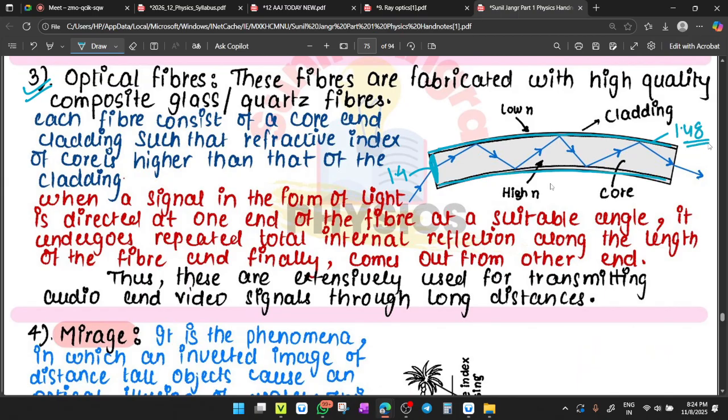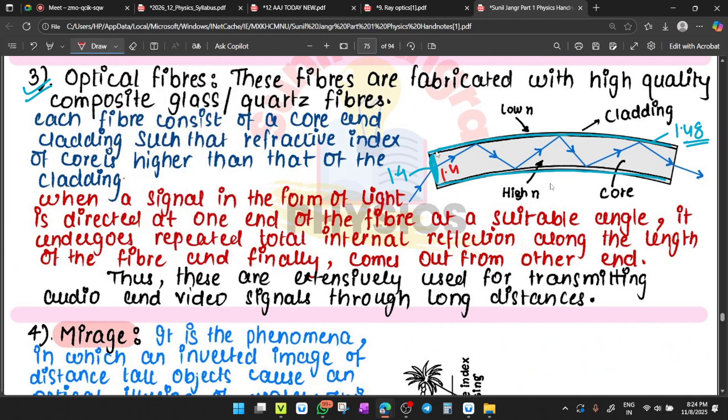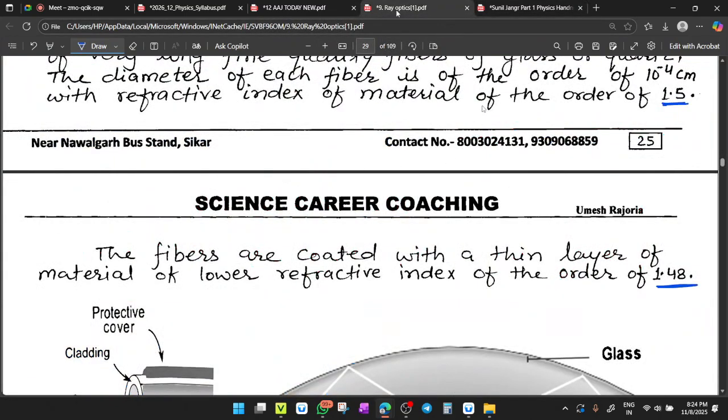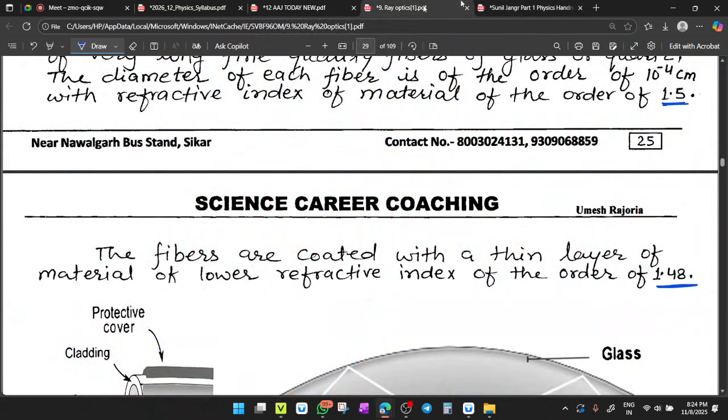Wait, sorry, inside the refractive index is 1.5, not 1.4. It is 1.5 and the outside it is 1.48.